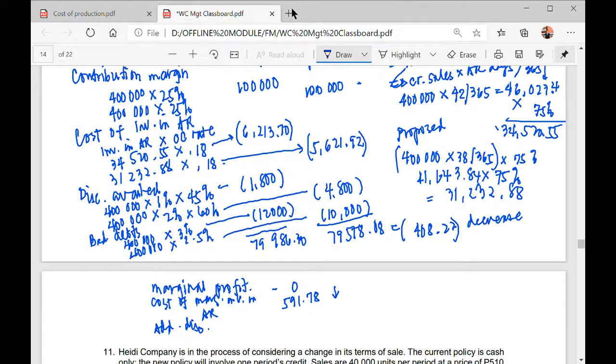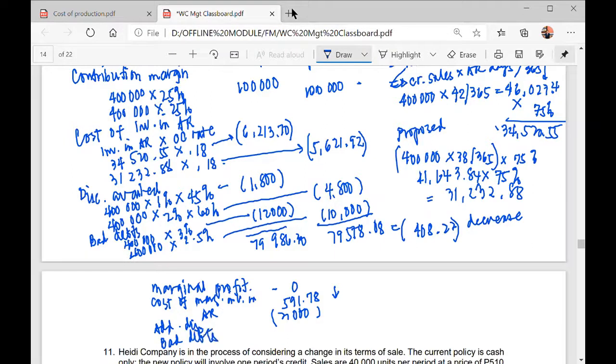And then you have the additional discount. Ang additional discount from 1,800 to 4,800 na ay 3,000. So this is additional, sorry, 3,000 na. Okay, so since this is an additional discount, this is additional cost. So therefore, this is a deduction. And then you have bad debts. Your bad debts decreased.